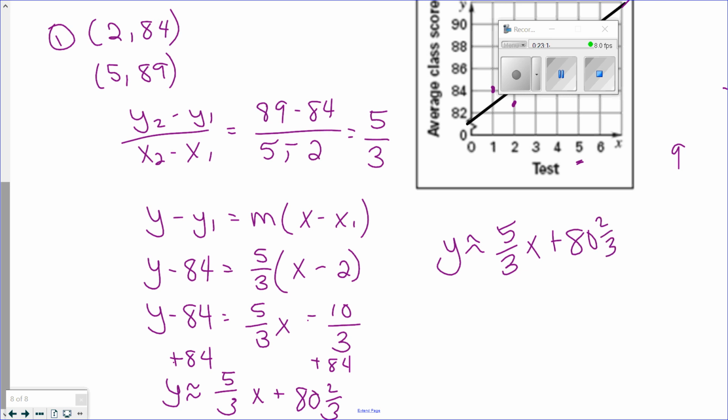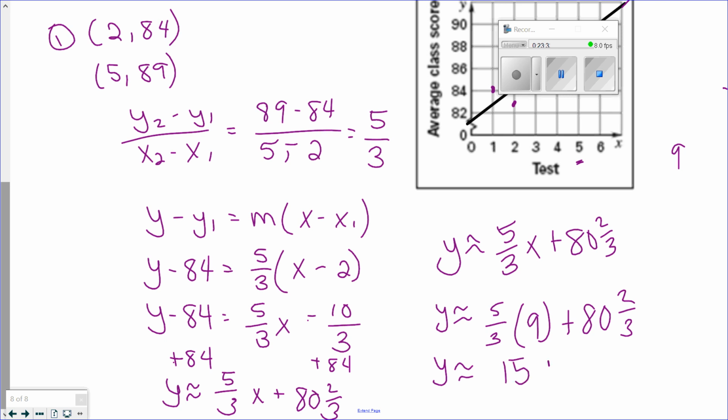And I'm going to substitute in 9 for my x. So y approximately equals 5/3 times 9 plus 80 and 2/3. And I get y approximately equals 15 plus 80 and 2/3. And y approximately equals 95 and 2/3.